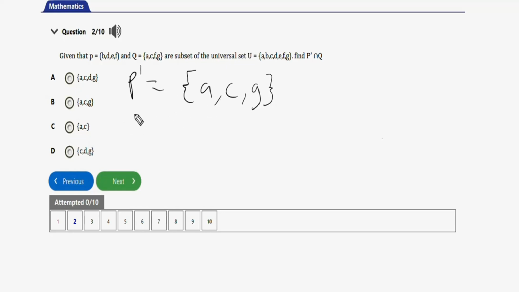Then our Q is the same thing. We're not asked to find Q complement, so let me write it this way, guys.